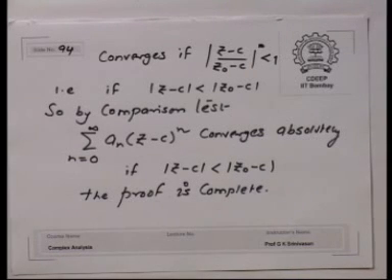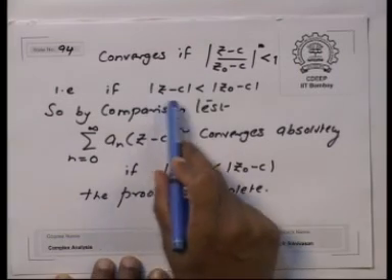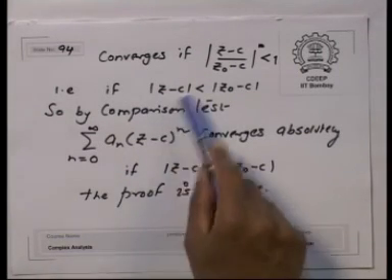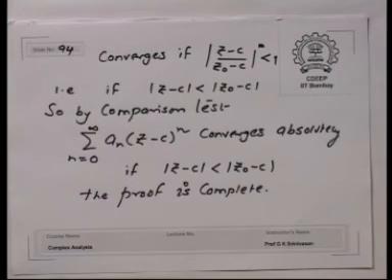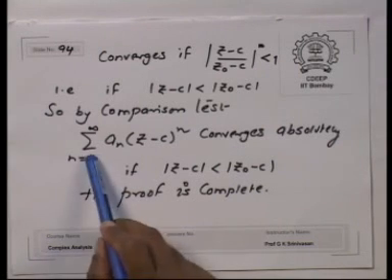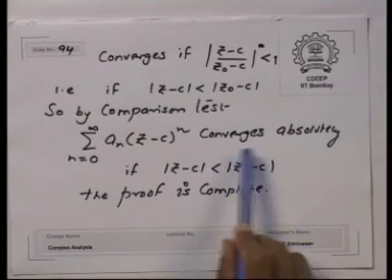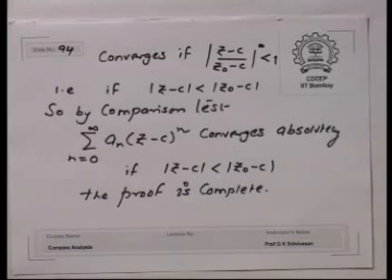So, by the comparison test, the power series converges absolutely if mod z minus c is less than mod z naught minus c, and the proof is complete.